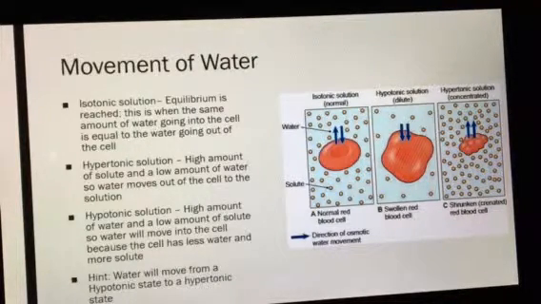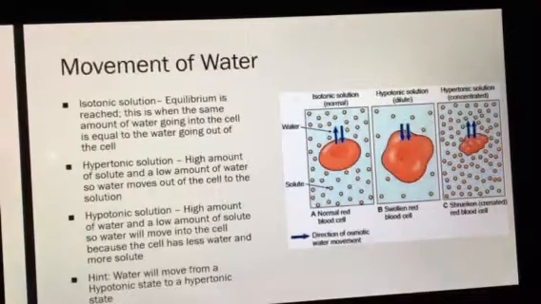And so if you look at the plants around the room, if they're wilting, it means their cells were hypotonic to a hypertonic solution, and the water moved out of the cell. Plant cells have a large central vacuole which holds water. It allows them to have turgor pressure, which is really important for them to maintain this isotonic state.